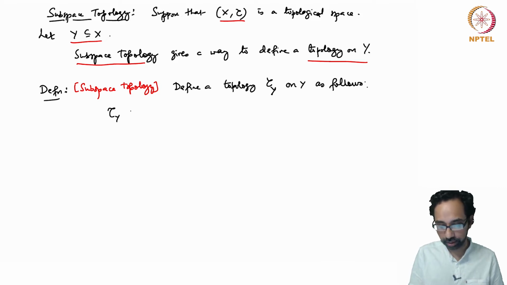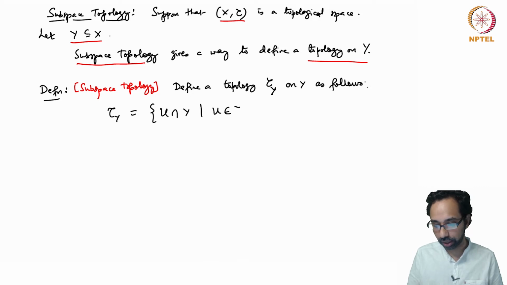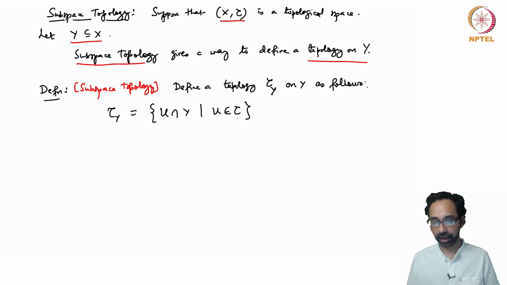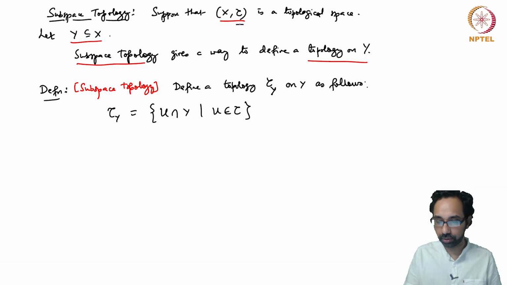So tau Y is the collection of intersections U intersection Y for U an open set in X. So remember that tau was a topology on X. So an open set in X is in tau by definition, and we take the intersection of these open sets with the set Y that we have.